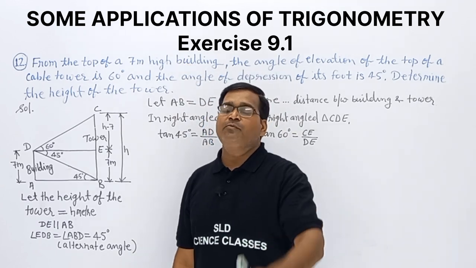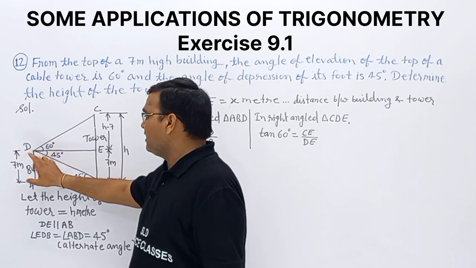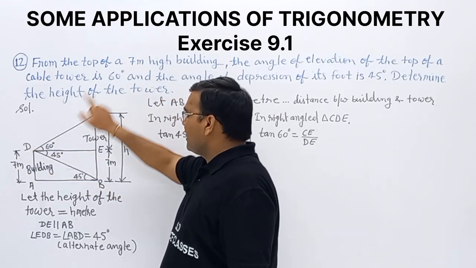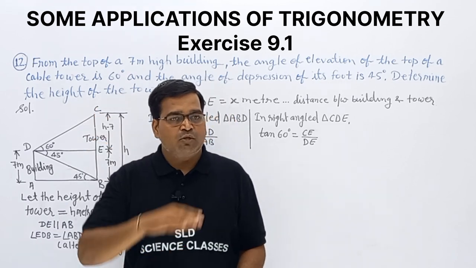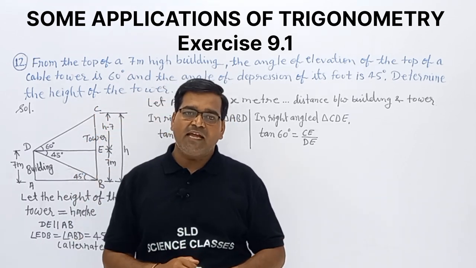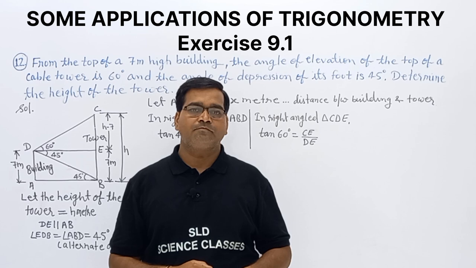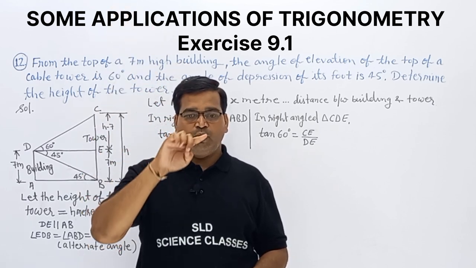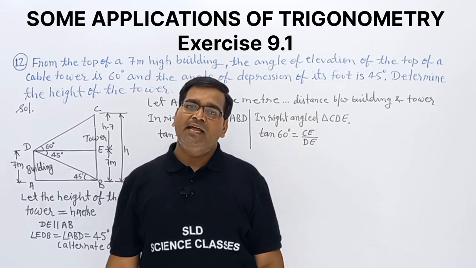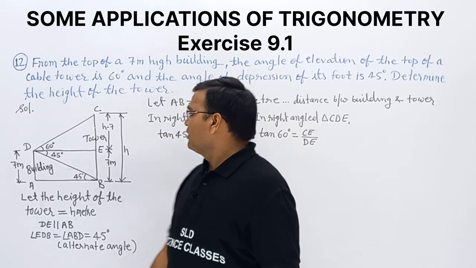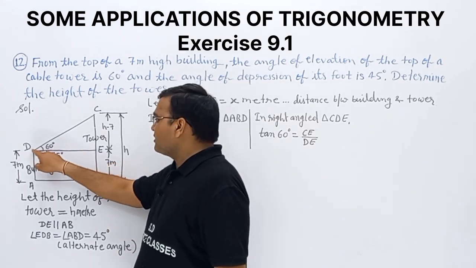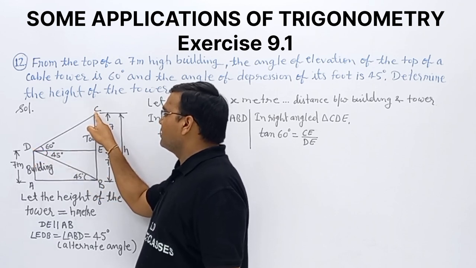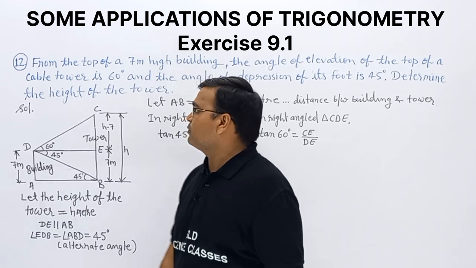The top of this building is this point, and from this point, angle of elevation means once we have a horizontal line and we raise our head, the angle made with the horizontal line is called the angle of elevation. So from the top of the building, the angle of elevation of the top of the cable tower is 60 degrees. It is given in the question.